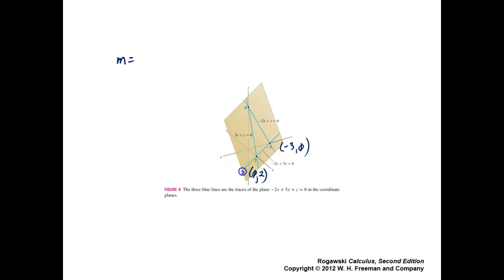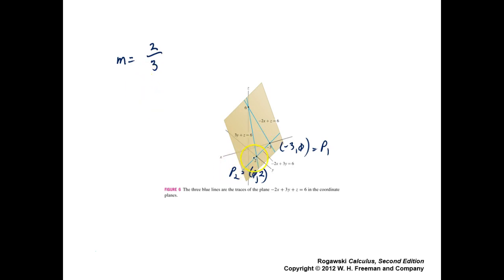So let's call this point P2, this point P1, okay? So that would be y2 minus y1 would be 2, and x2 minus x1 would be 3. So the slope of that line is 2/3, okay?